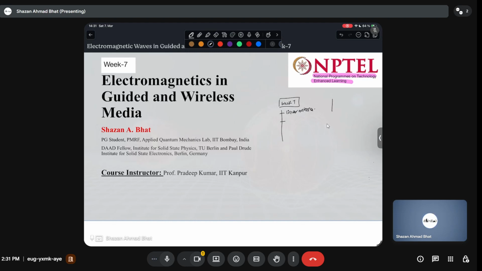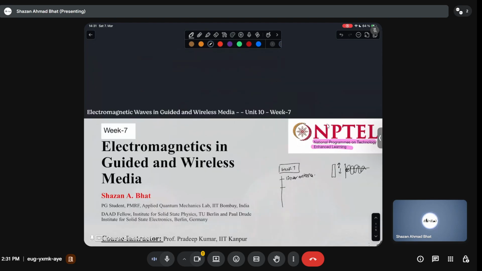Let's say you have a current carrying wire. If you are sloshing electrons back and forth in this wire, and I told you in week 5 how it can result in the generation of an electromagnetic field which can propagate in space.